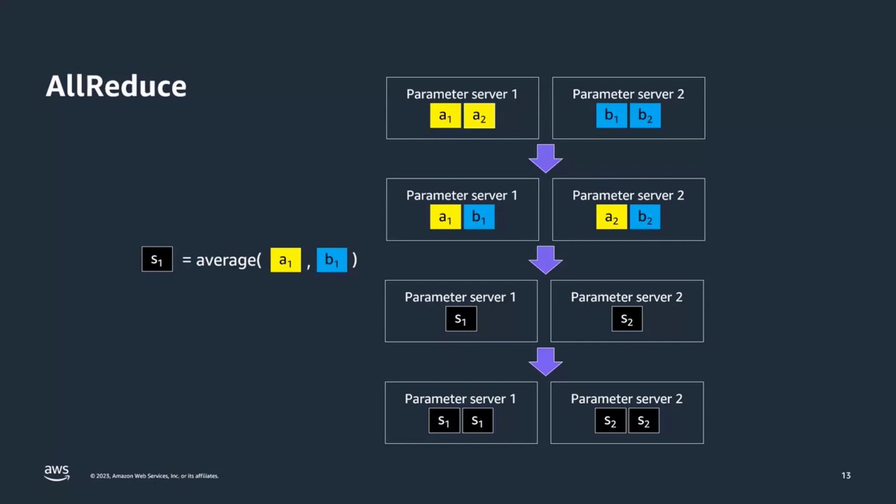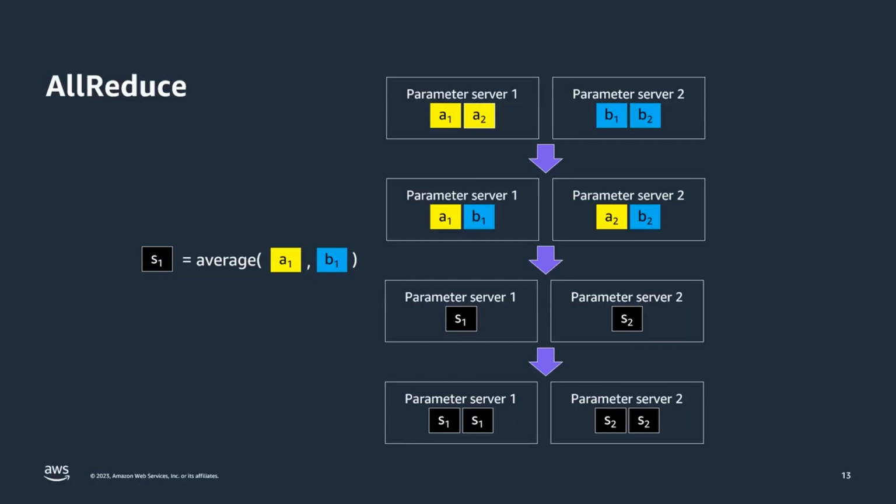In all-reduce, instead of having just a single server perform the heavy aggregation, we can share the workloads. We can distribute the aggregation tasks to all workers. So each worker sends a subset of the parameters to all other workers. Like parameter server 1 sends A1, A2.